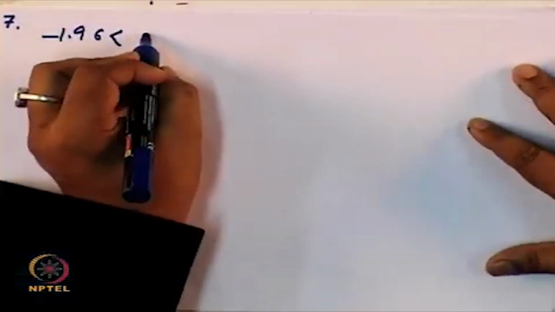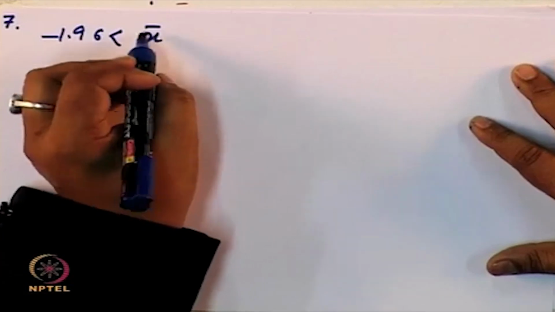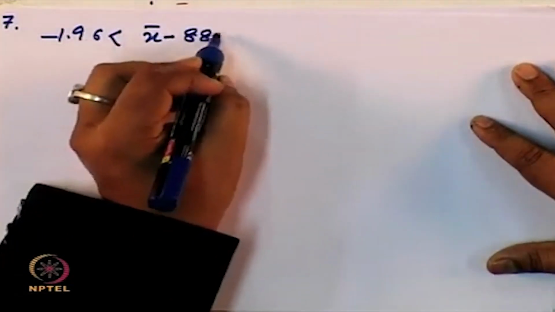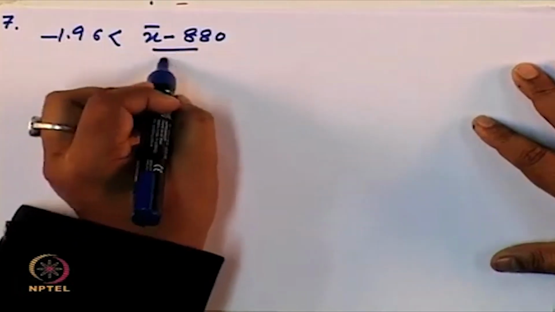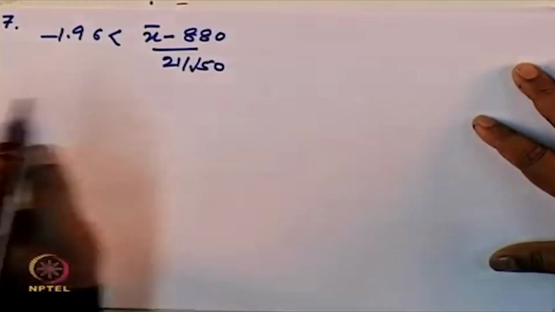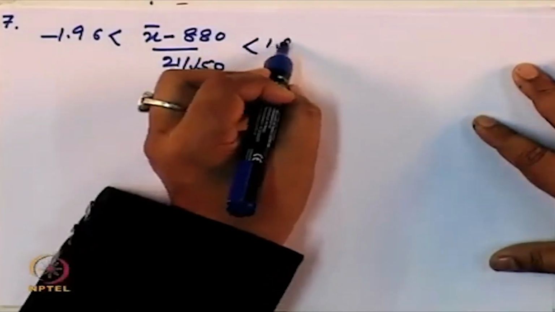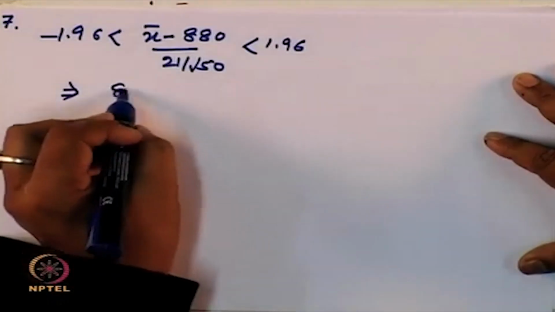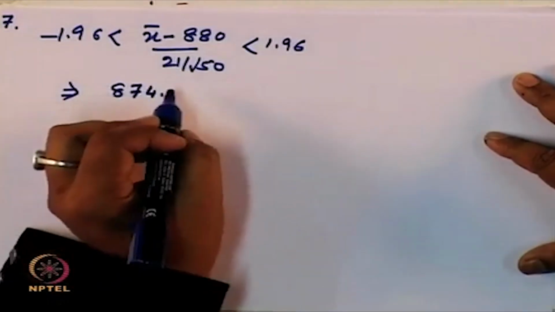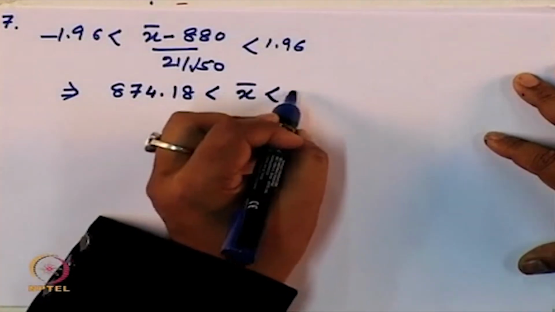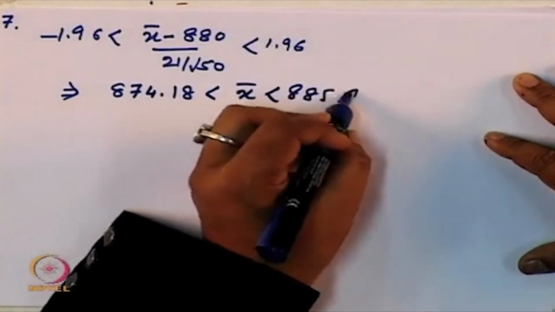So, if you plug in the values, minus 1.96 less than x bar minus 880 by 21 by root 50 less than 1.96, I will get a range of 874.18 less than x bar less than 885.82.